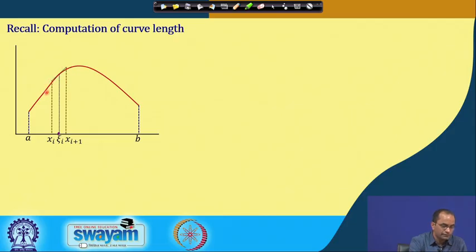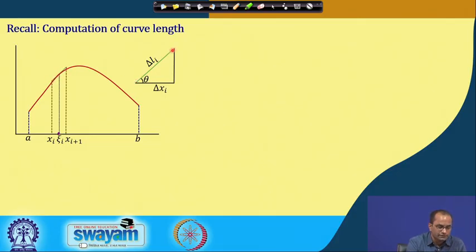If we add the lengths of these tangents for all the intervals, and later take the limit as the width of the intervals goes to 0, we will end up getting the curve length. The idea is that this is just the part of the tangent shown here.